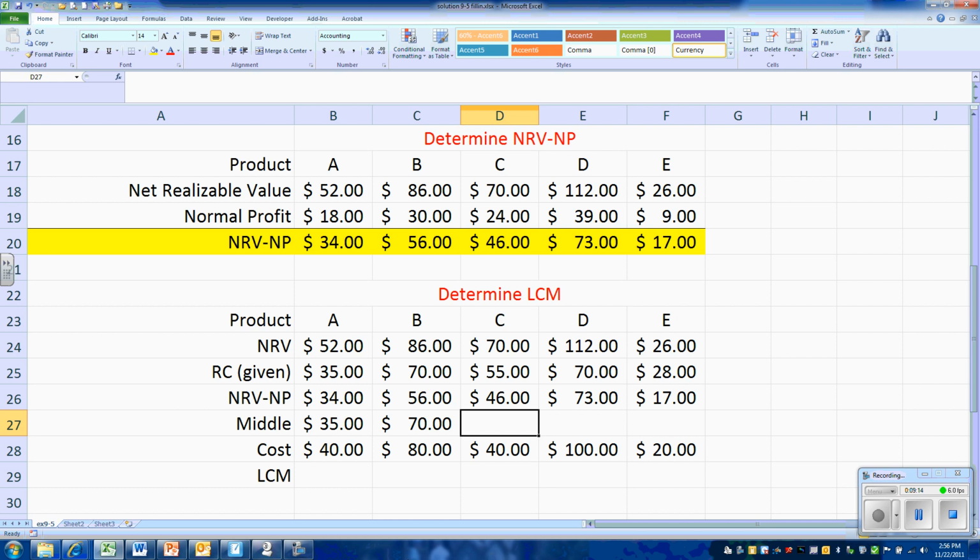That is also true for product C. However, for product D, our middle is going to be the net realizable value minus the normal profit of 73.